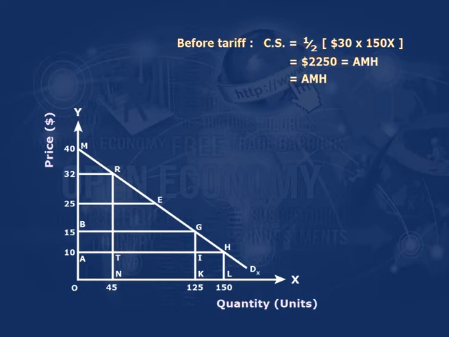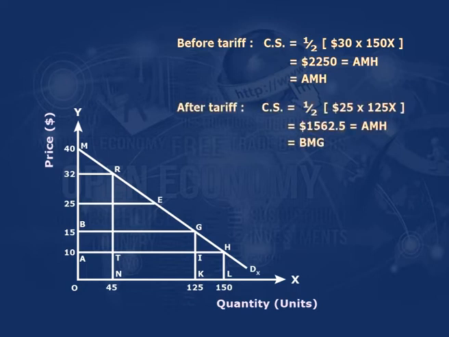When nation A imposes an import tariff, the price of commodity X rises from $10 to $15. The domestic consumption decreases from 150x to 120x. Therefore, the consumer surplus falls from AMH to BMG.